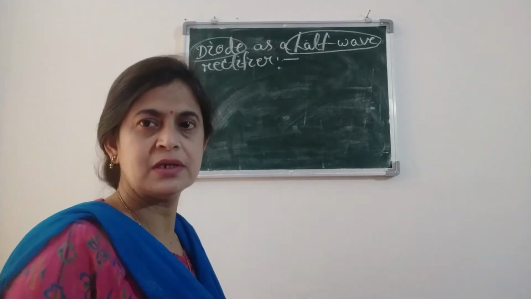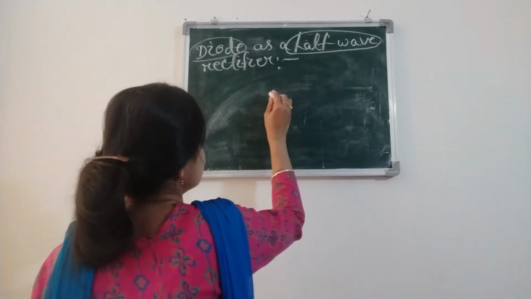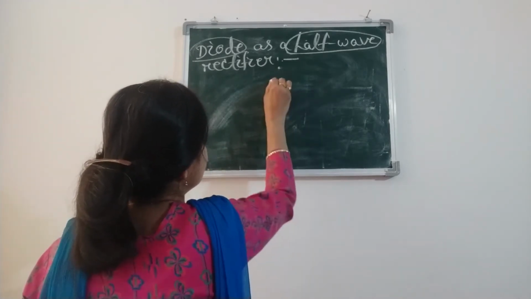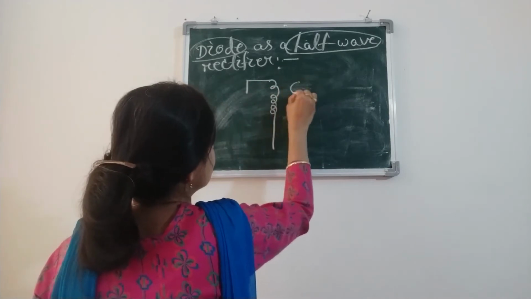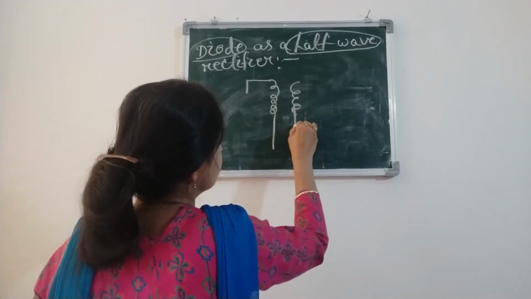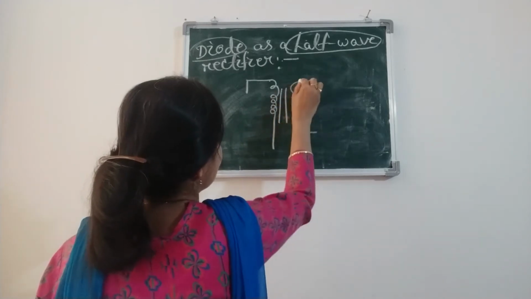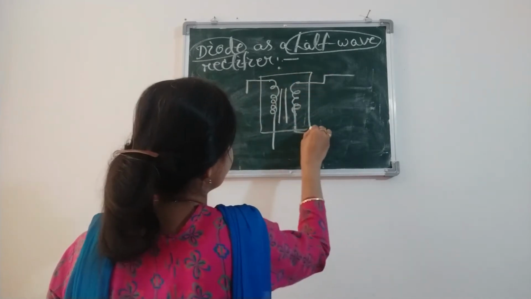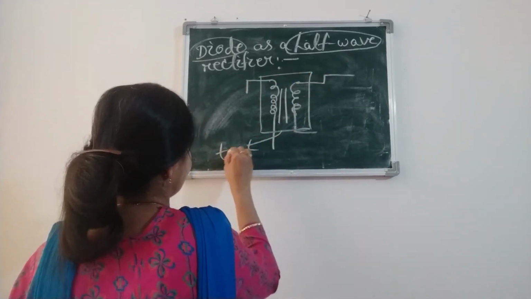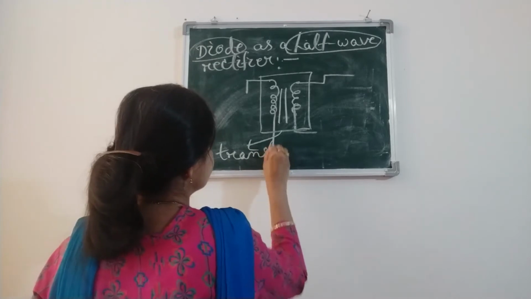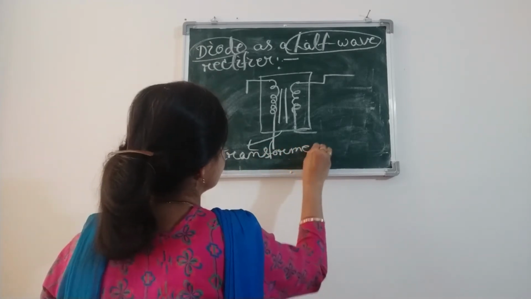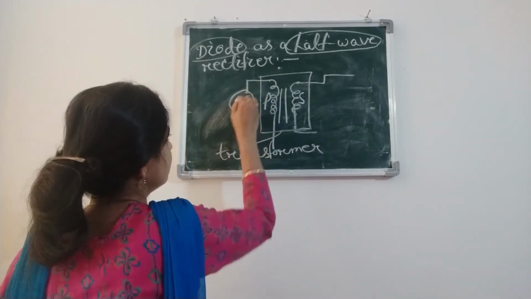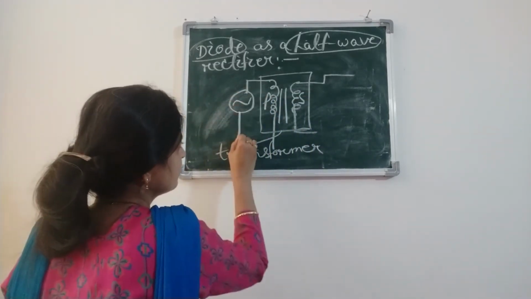First we will draw the diagrams. Here we will consider a transformer. Transformer means primary coil and secondary coil. And the primary coil is connected to an AC input source.